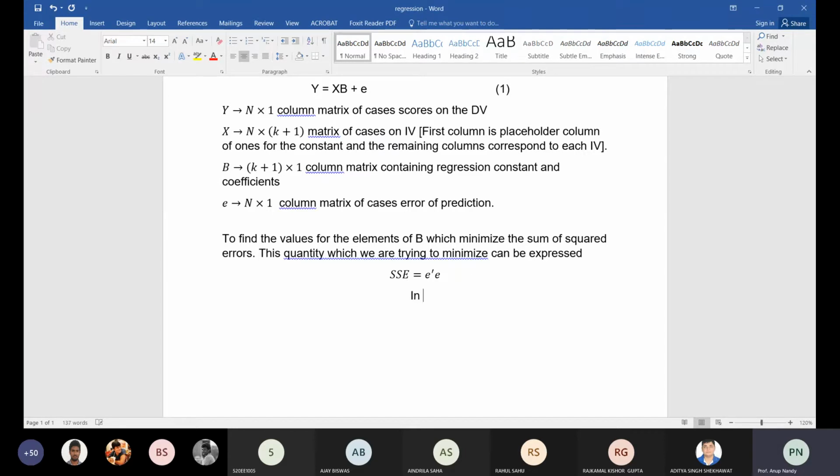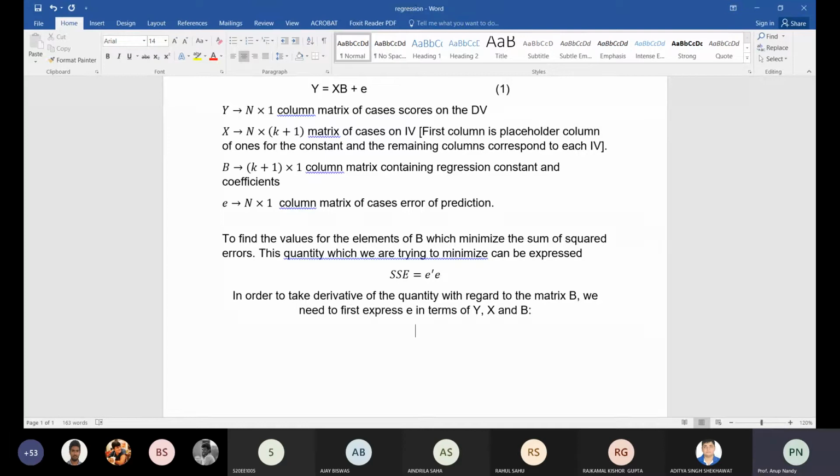So now in order to take the derivative of the quantity with regard to the matrix B, we need to first express E in terms of capital Y, capital X and capital B. Okay?